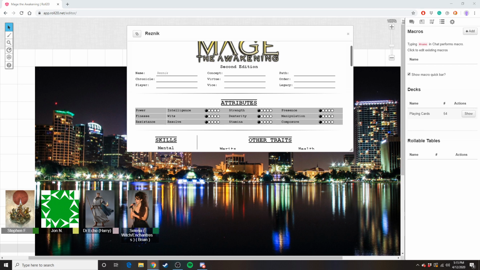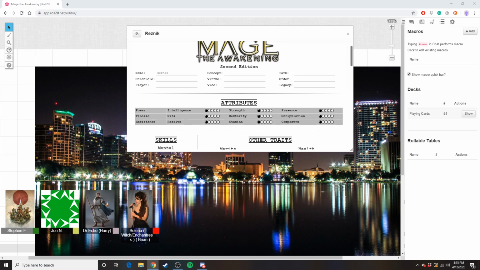I posted an example of the macro in the Discord. Okay. And then you just change the number. Obviously, 1d10 exclamation mark. And that just means that an 8 and above is considered a success.